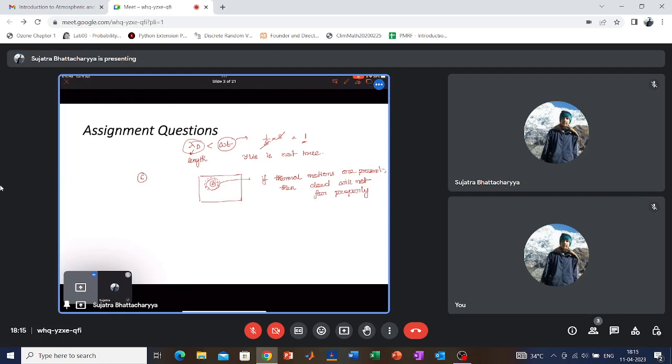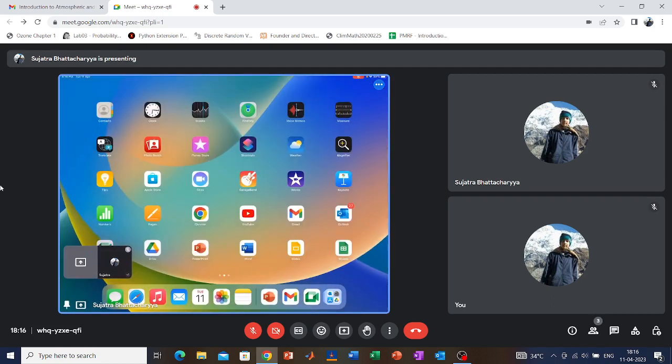Therefore, this electron cloud formation requires no thermal motion. Fine.